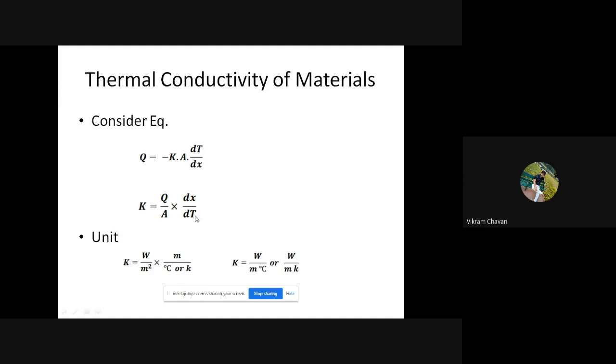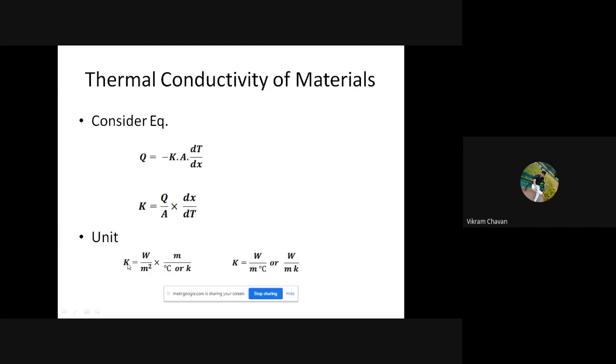Temperature difference: in the first temperature you add 273 and in the second temperature you also add 273, so since we are taking the difference only, there will not be any change in quantity, so the quantity will remain the same.